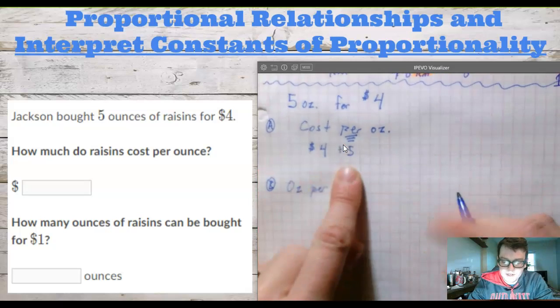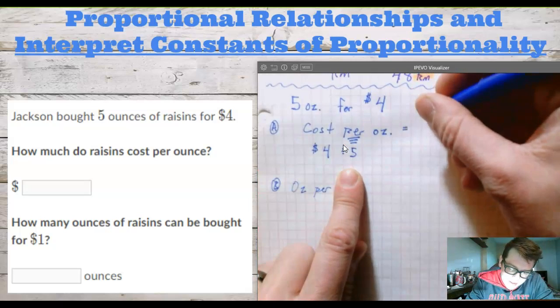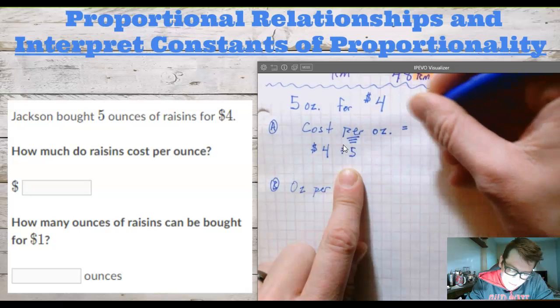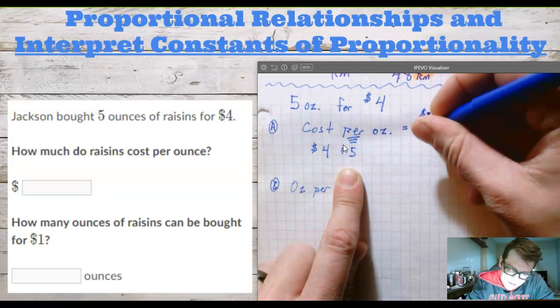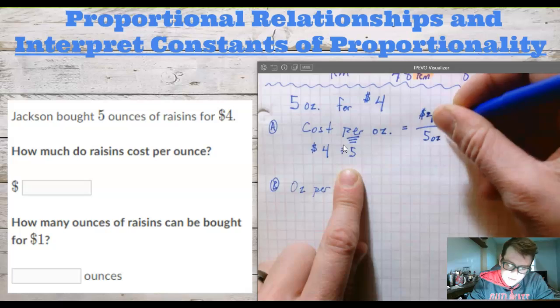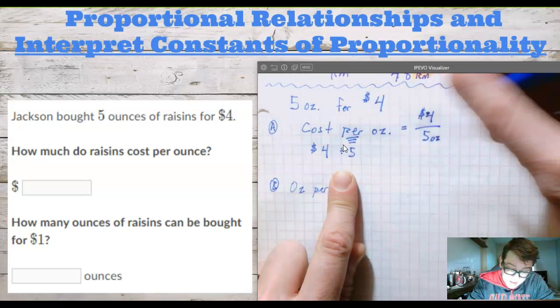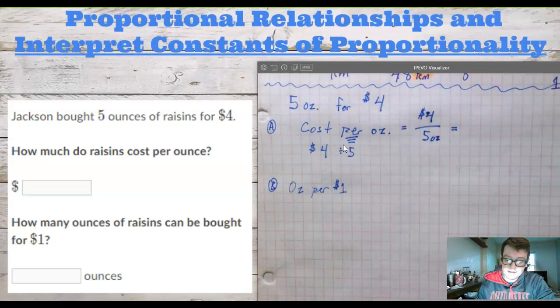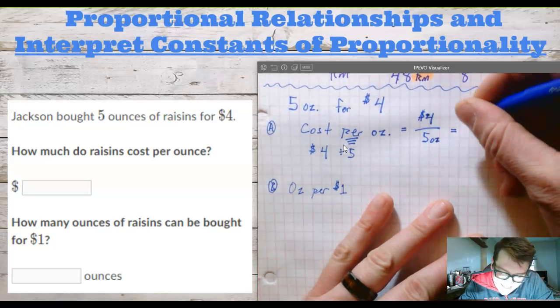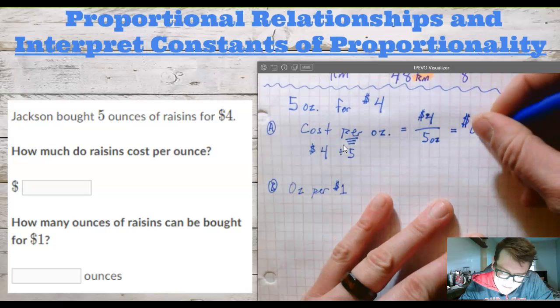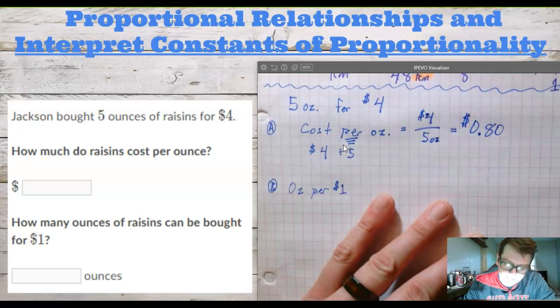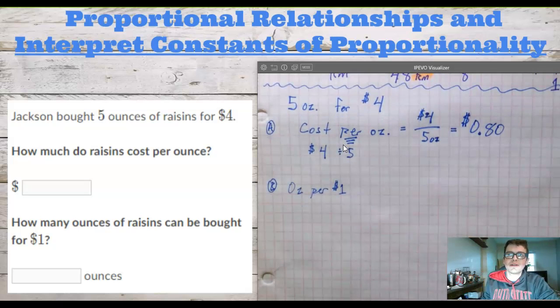And you can set it up horizontally, or you could set it up $4 divided by 5 ounces. You can set it up vertically. These are the same. Either way, the answer we actually get is 80 cents. Right? 0.80.